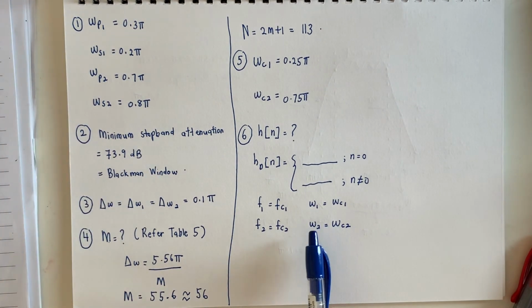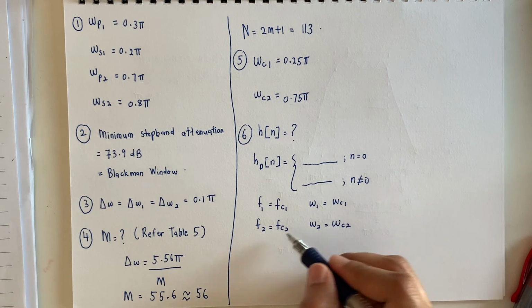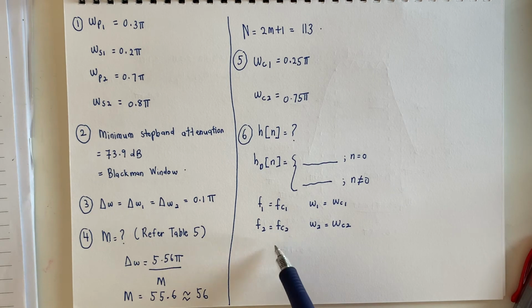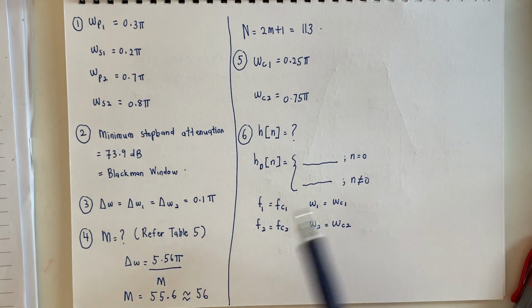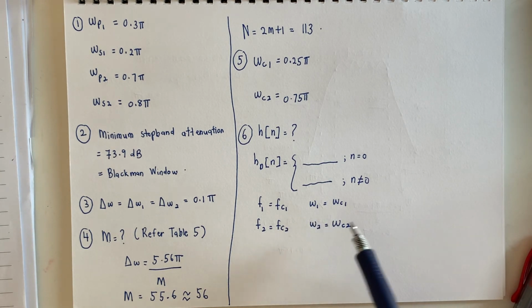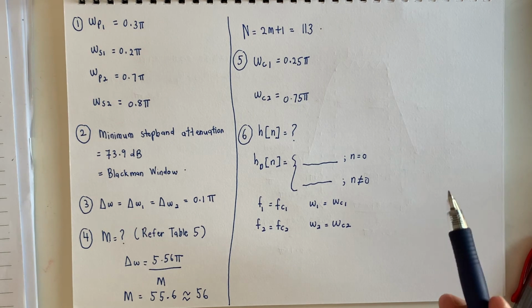Alright, so same goes to bandstop. If you look at the bandstop equation for when n is not equal to 0, and when n equals 0, you can see this term f1, f2, omega 1 and omega 2. So same thing, f1, f2 is actually your cutoff frequency value, omega 1, omega 2 is actually omega c value.